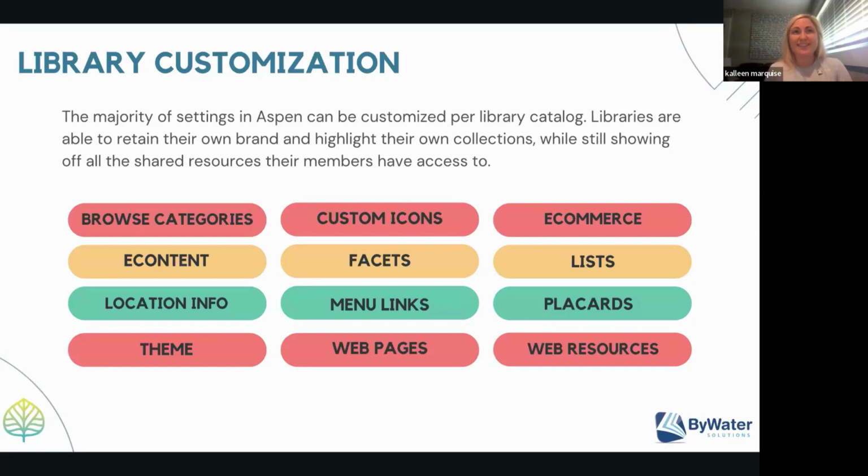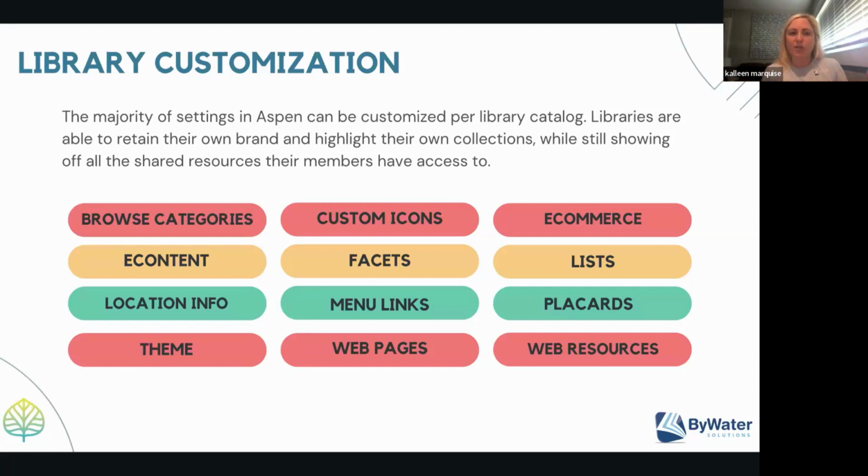E-commerce, we offer, I think, 8. There's another slide that has all of this on it, but I think we have 8 different e-commerce providers now. So if one library system uses PayPal and the other one uses Square, that's no problem. They're able to each support both of those. There's also web pages. So you saw some library examples here where they were using custom pages with their own images, their own information.